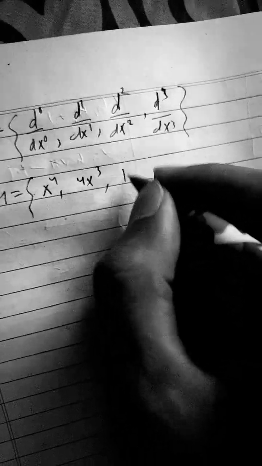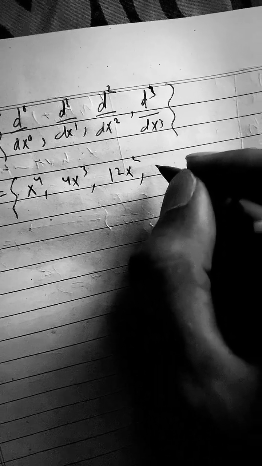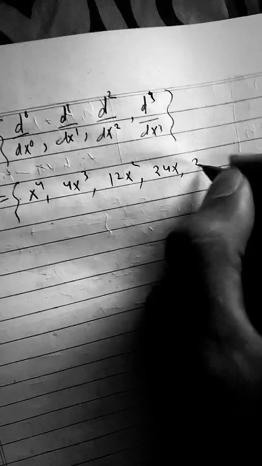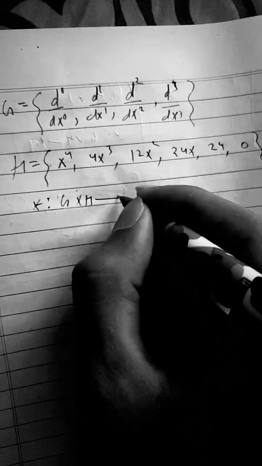And then we have set H. Let's say we have x4, 4x cube, 12x square, then 24x, then 24, then 0. This is the set of elements, and the star is defined G cross H to H. Now we are going to check all those operations, associativity and all, in the next video.